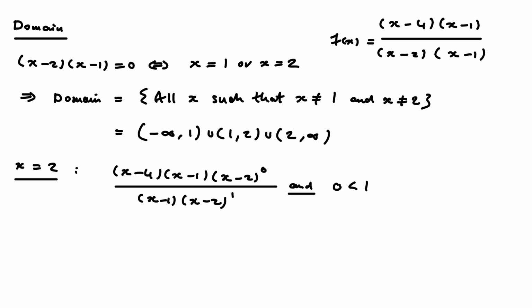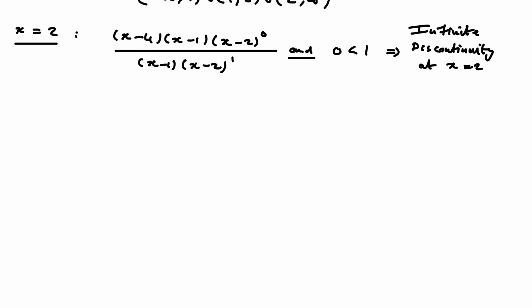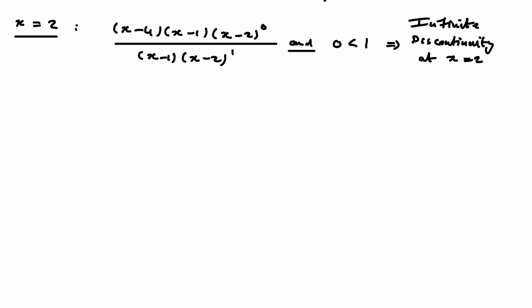So that means we get an infinite discontinuity at x is equal to 2. So it's going to be something bad happening as I come in from either side. Again, to know exactly what happens on either side, you need to do more work with calculus ideas. But for us, we know it is bad.